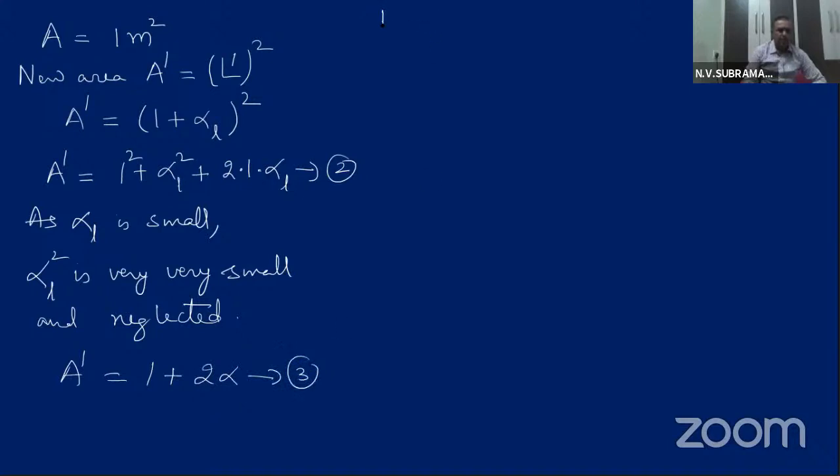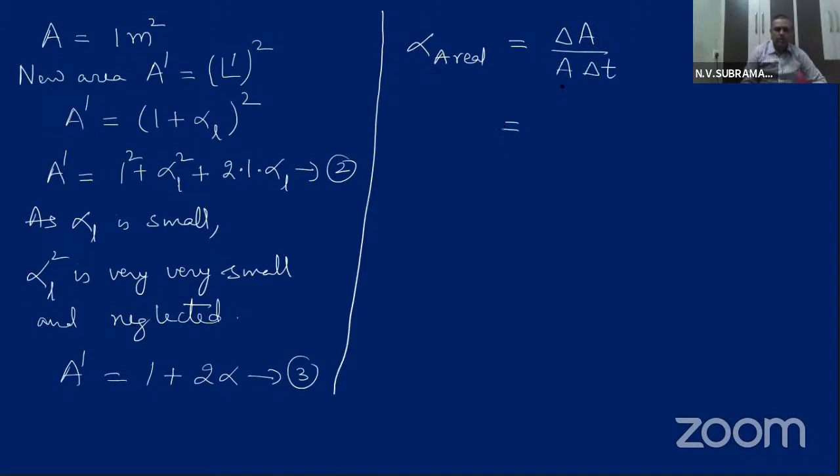Now I am asking one small question. Just now you learned alpha areal. Alpha areal is delta A divided by A into delta T: change in area divided by original area into change in temperature. Delta A is A dash minus A. What is the value of A dash?